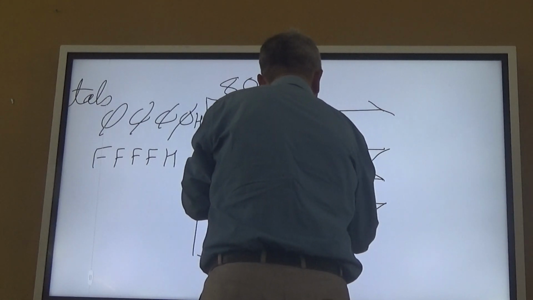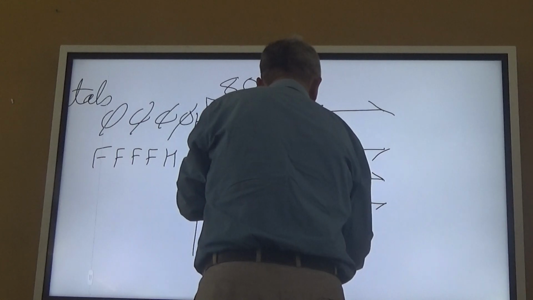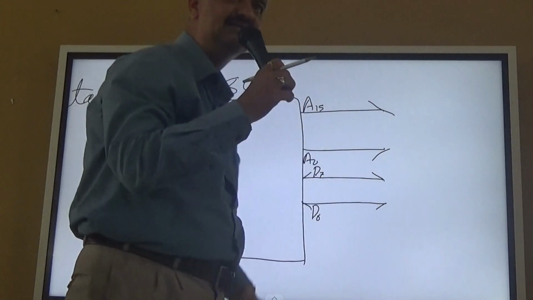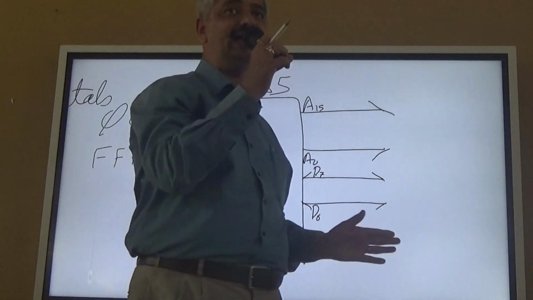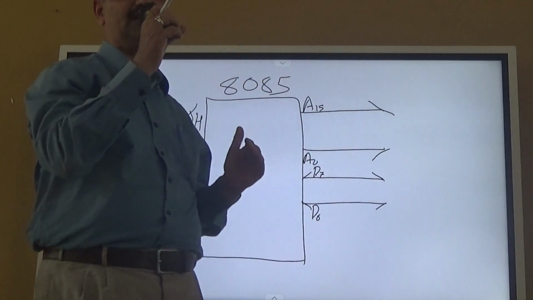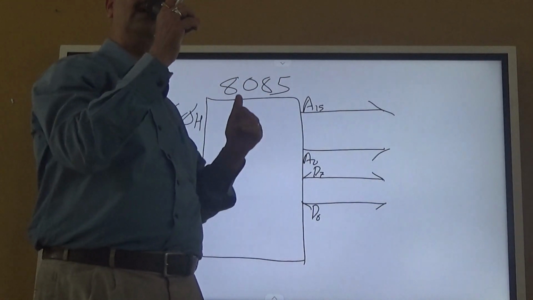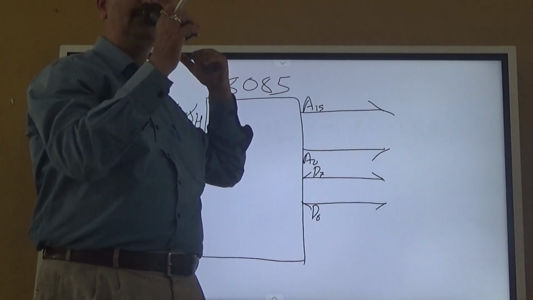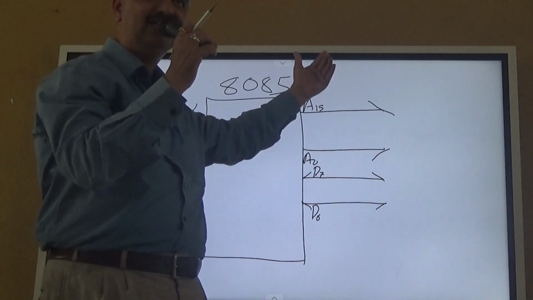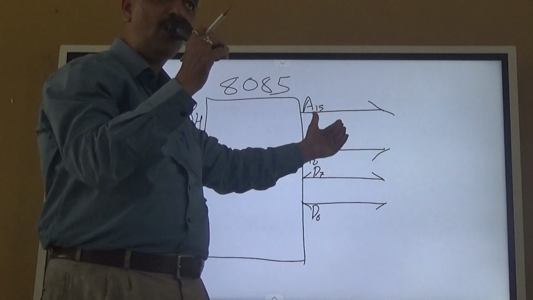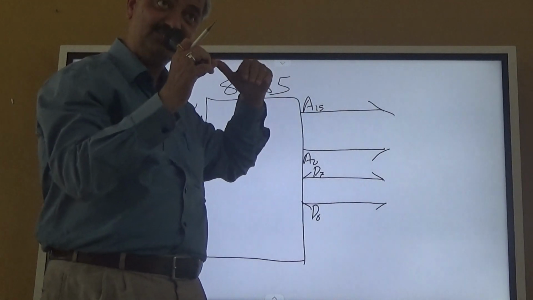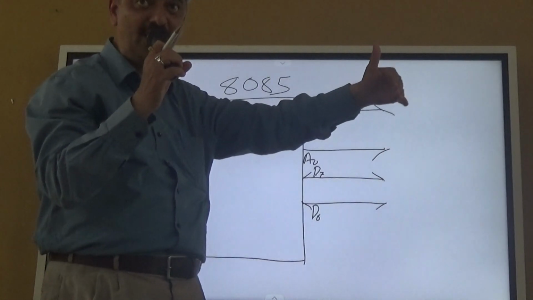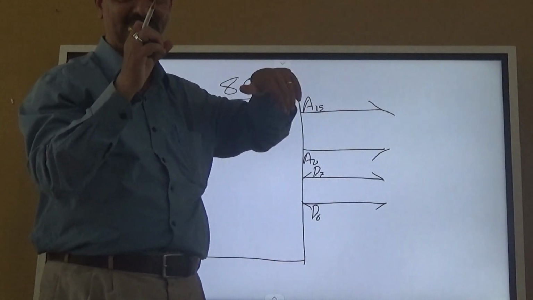The microprocessor can use address and data lines for either writing something somewhere or reading from somewhere.